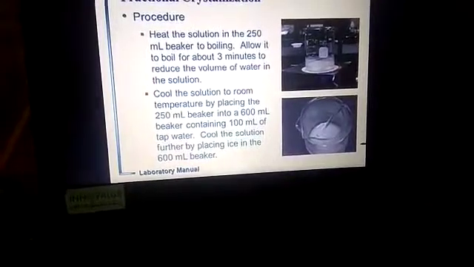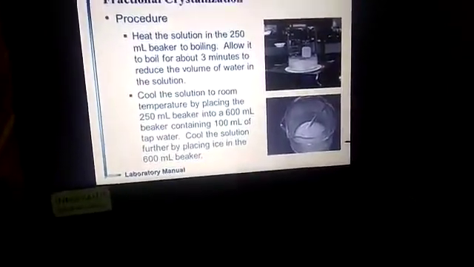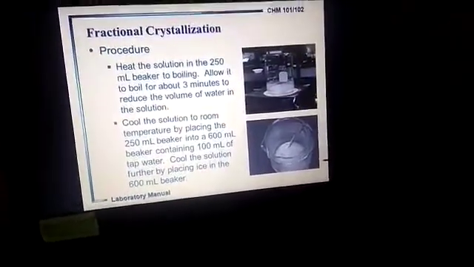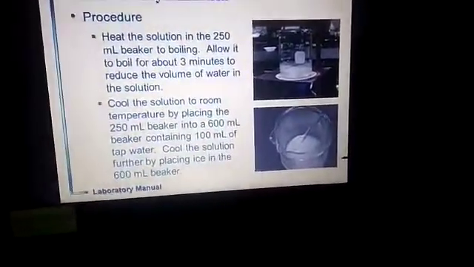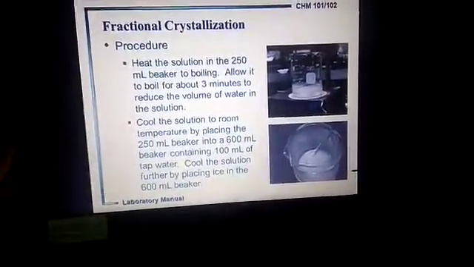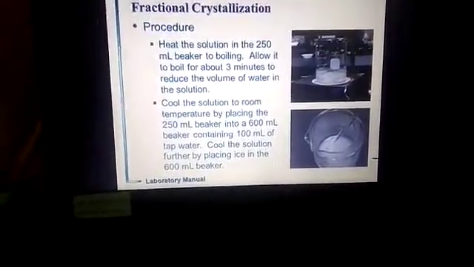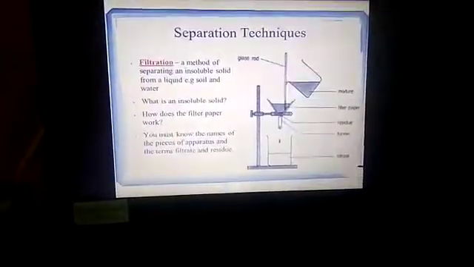Cool the solution further by placing ice in the 600 ml beaker. Then you can see the difference in solubility of solids in a particular solvent. So this is about solid-solid mixtures. We have discussed sublimation, magnetic separation, solvent extraction and fractional crystallization.